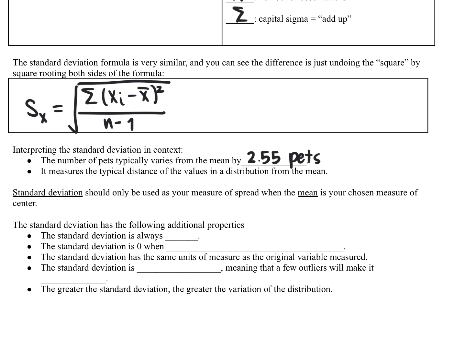Couple other things about standard deviation. It is always positive, all right, because it is distance. Can't have negative distance, so it is always positive. You can get a standard deviation of 0, and that specifically happens when all observations are the same.